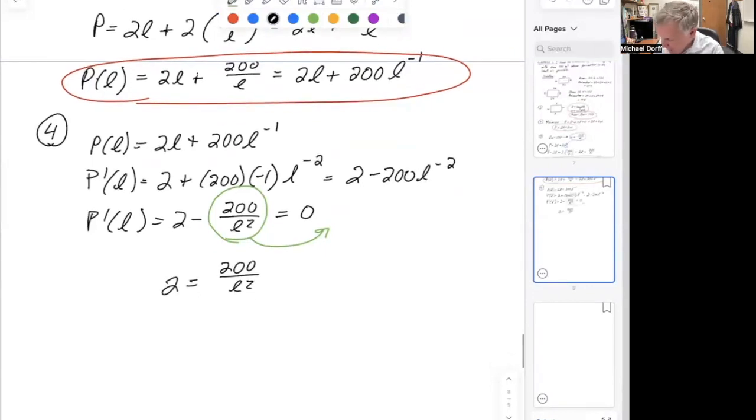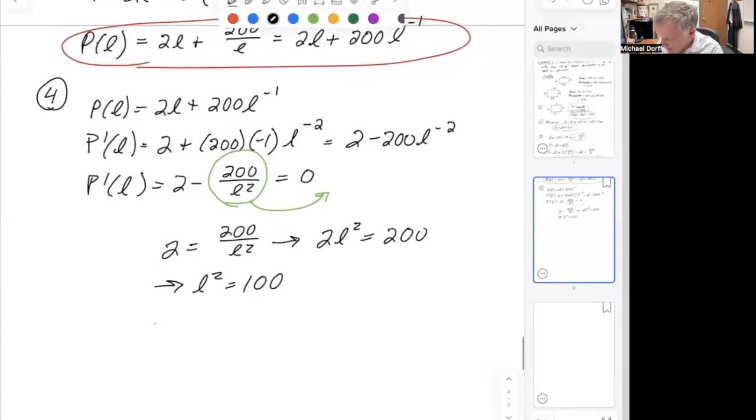I can multiply both sides by L squared, and I get 2L squared equals 200, and then divide both sides by 2, and I get L squared equals 100. Then I take the square root of both sides, and I get L equals 10 and -10, because both of those work, right? -10 times -10 is 100, so that works.